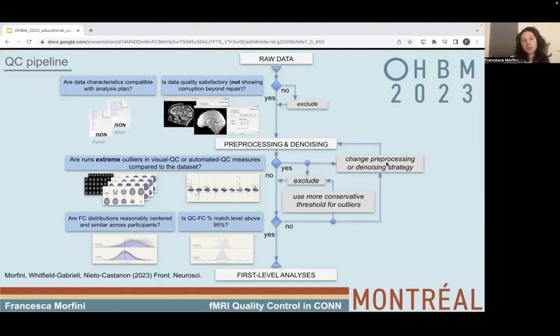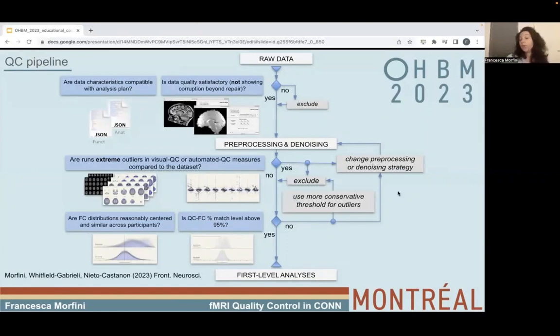Alternatively, this quality control checkpoint might be used as a suggestion for changing analytical approach. And so perhaps going back to the beginning and changing the preprocessing or denoising strategy might be something that one wants to explore.